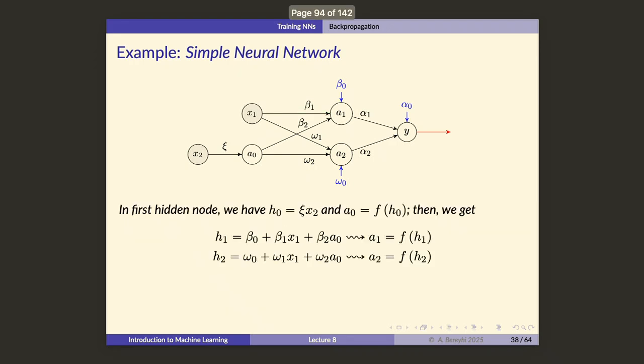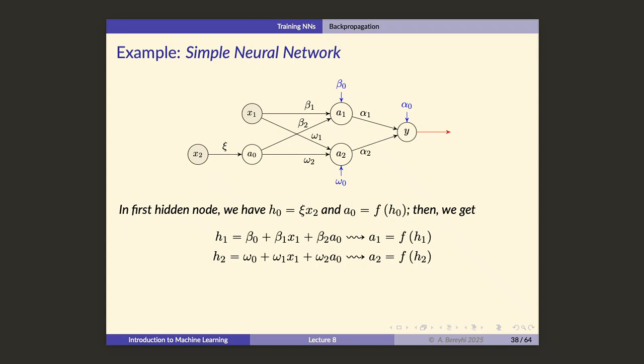So first of all, I can write down the whole operation, right? At the first node A0, that neuron, I am going to compute one linear transform that is going to be Z times its input X, right? And then I activate it, correct? So this is the first thing.